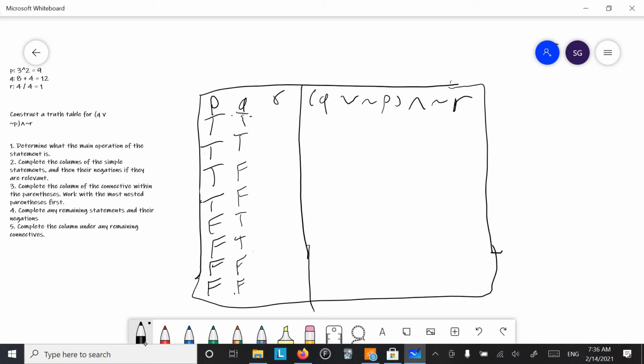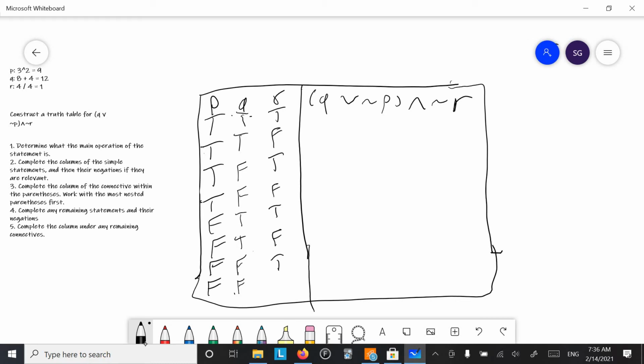Okay, but what do we do for R? So R is a new addition. So we remember that we were just trying to find out all possible combinations of P, Q, and R. And a way to figure that out is to just alternate T and F for R. And that is how we will find all combinations.